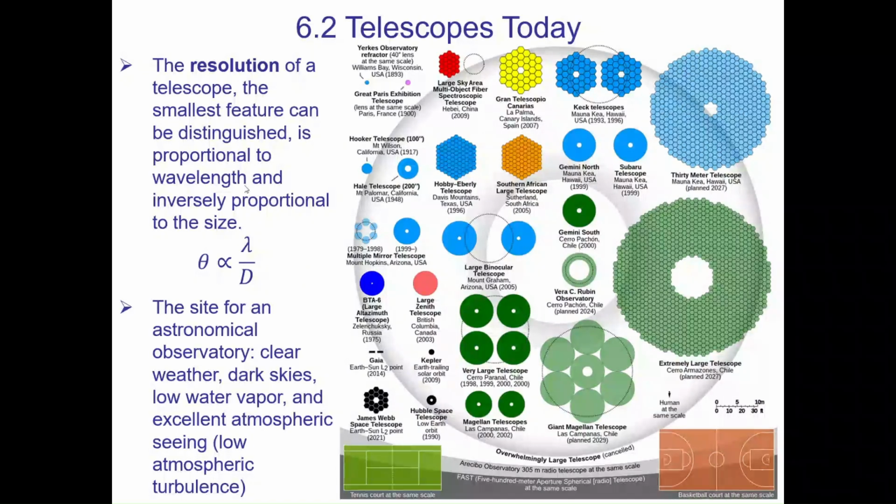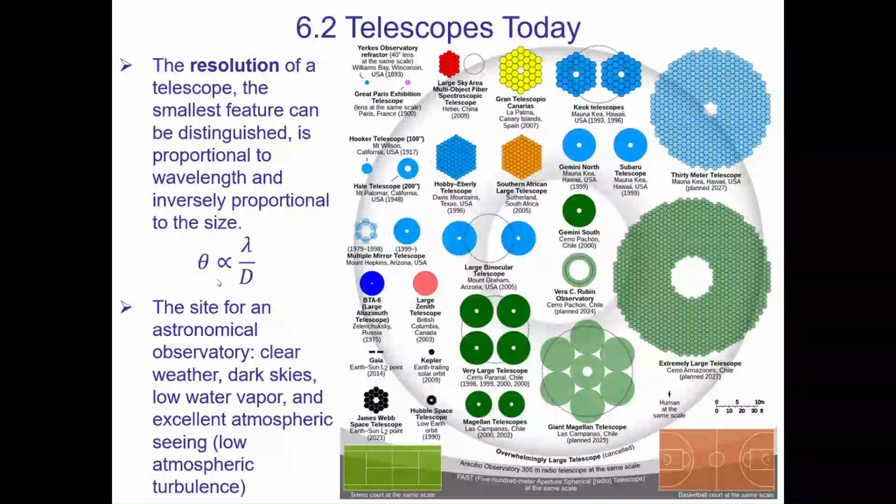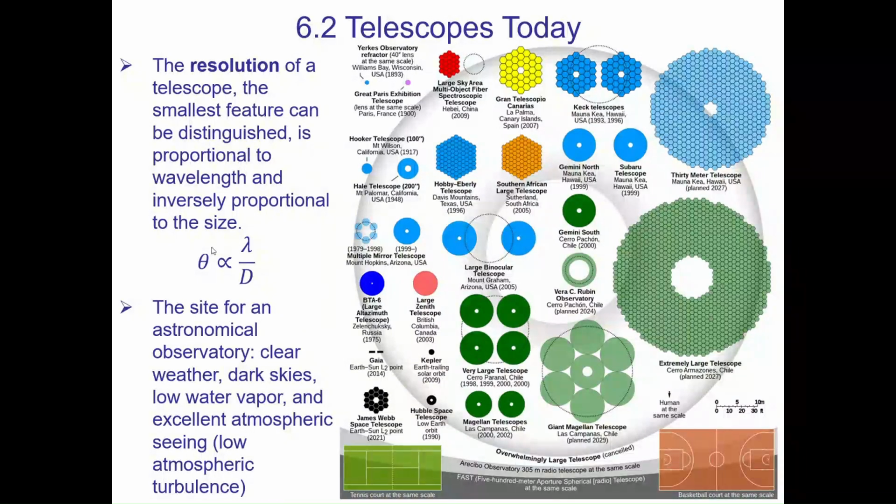This resolution, or sometimes we call it the smallest angular separation we can distinguish, is proportional to the wavelength and inversely proportional to the size. The size here we use D, the diameter of the telescope, to represent. Remember, in this formula, we want a smaller angle, which represents the smallest feature that can be distinguished.